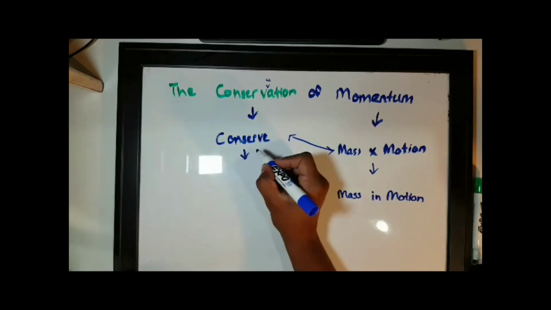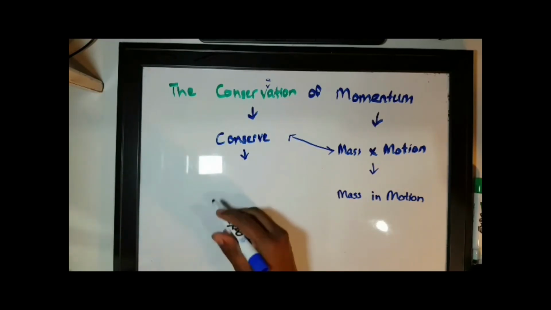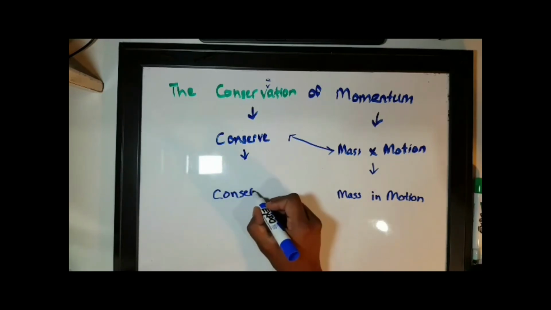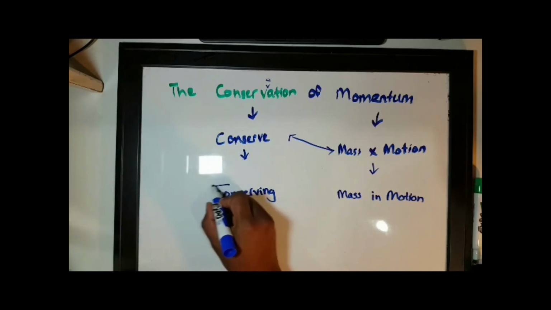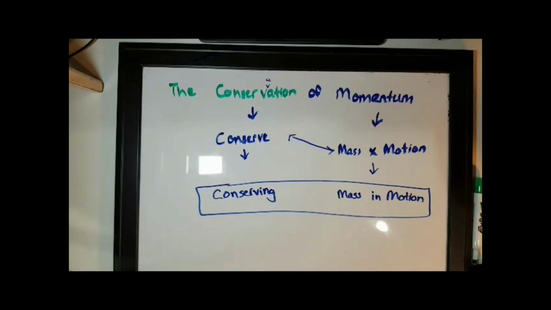And we put this in the present verb tense, conserving. And then put this together. That's the definition of the conservation of momentum. The conservation of momentum is conserving mass in motion.